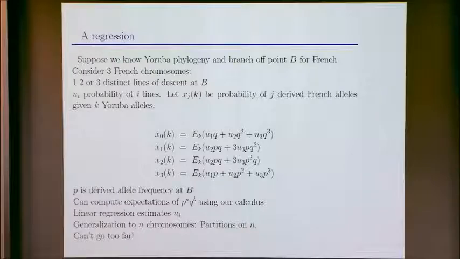For example, you want to know probability of P and Q. Well, just attach 2 notional alleles to the branch-off point with no drift and run your calculus, or run Dardi, and you will read off what the expected value of PQ is, right?